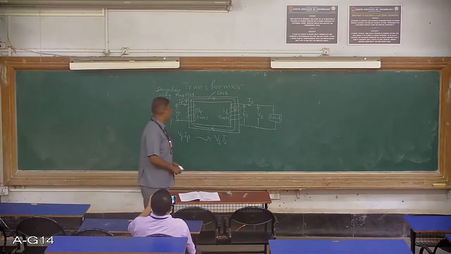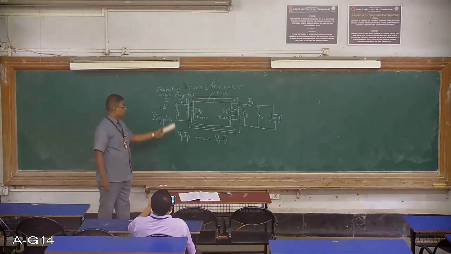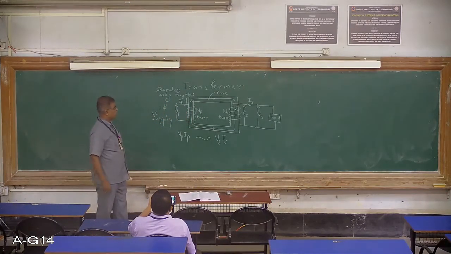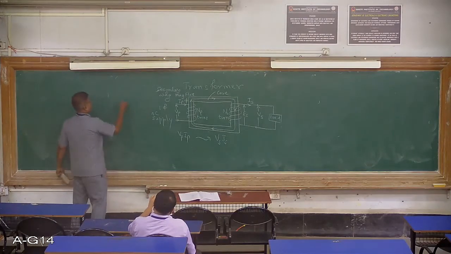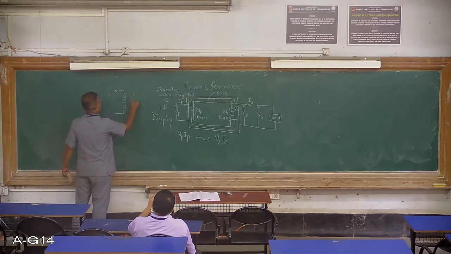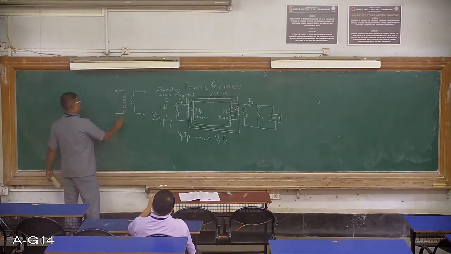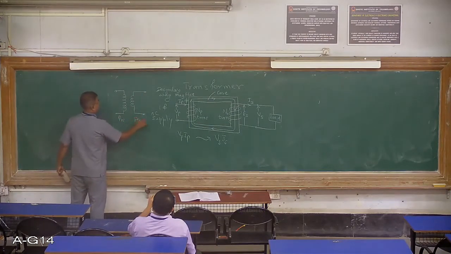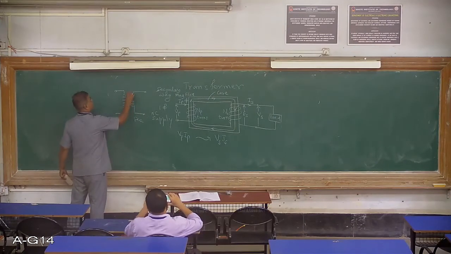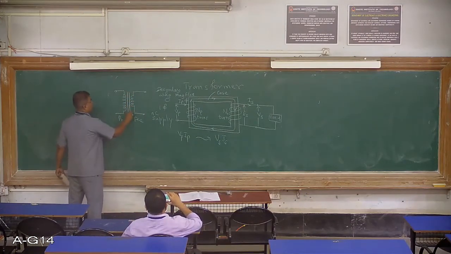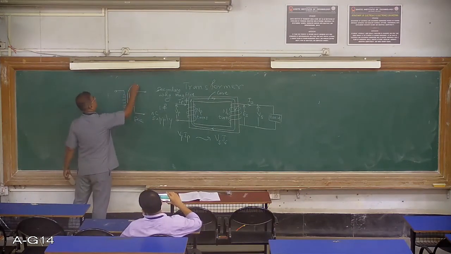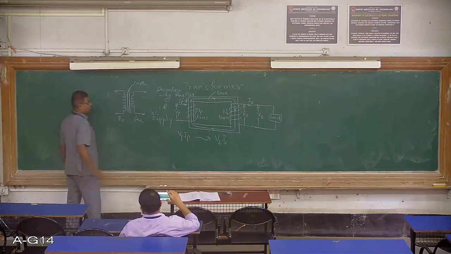Before going to that, the transformer is symbolically shown in another simple way like this. This is primary, this is secondary. If you show two lines in between the two coils, this indicates the presence of a core, and these are the windings.